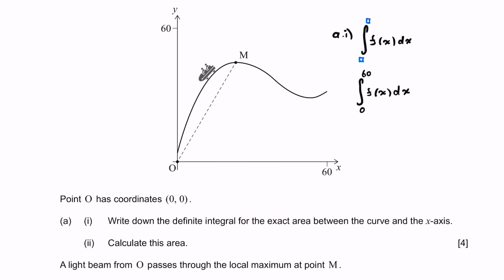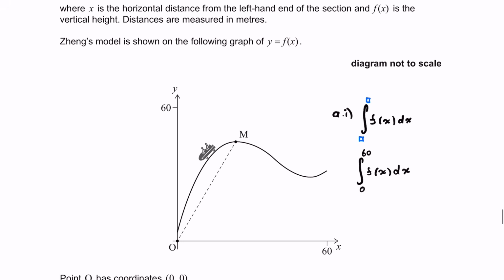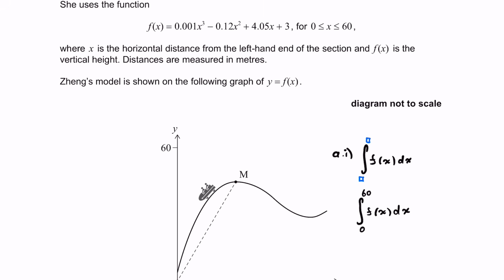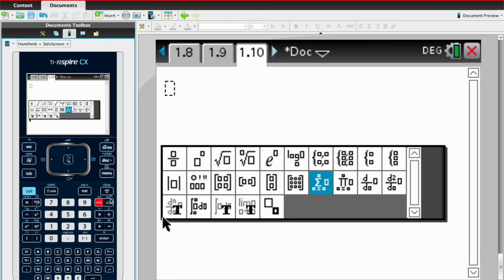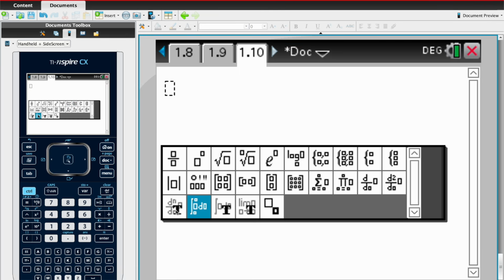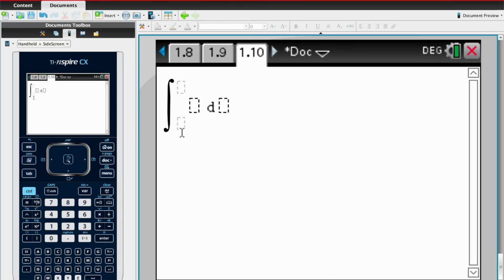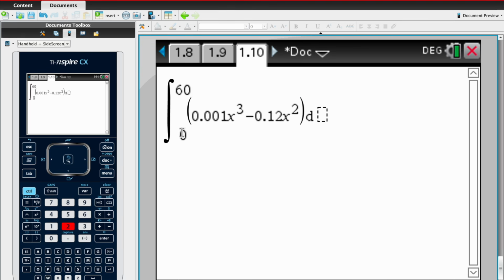Calculate this area. We'll put this into the calculator, with the value of this function. So let's calculate the area under the curve. Here we are, functions, definite integral, starting point of 0, ending point of 60, and let's put that function in: 0.1x cubed minus 0.12x squared plus 4.05x plus 3.